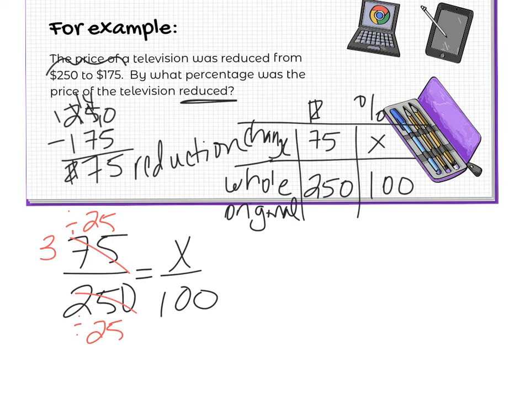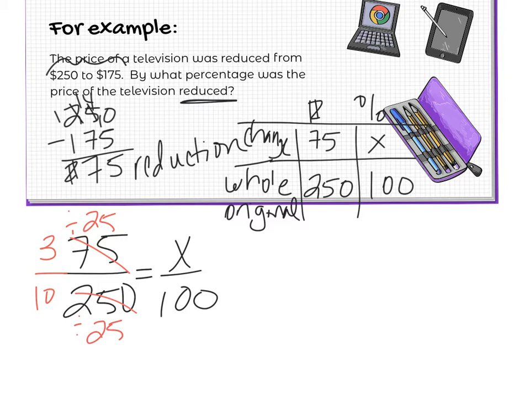So 75 divided by 25 is 3, and 250 divided by 25, well, there are 4 25s in 100, so 8 in 200, and 2 in 50, so that's 10. Oh, I guess I didn't need to go through all that.